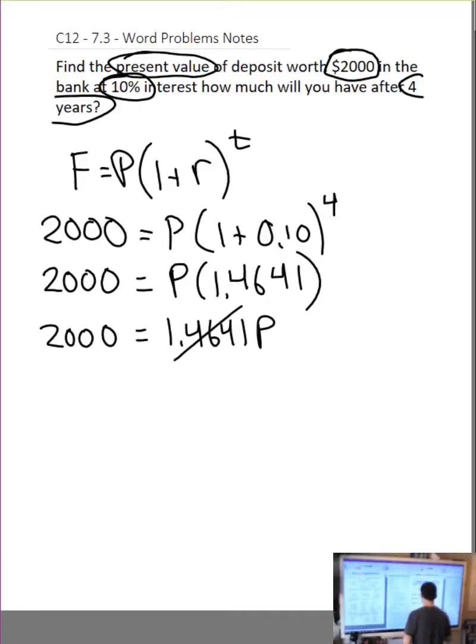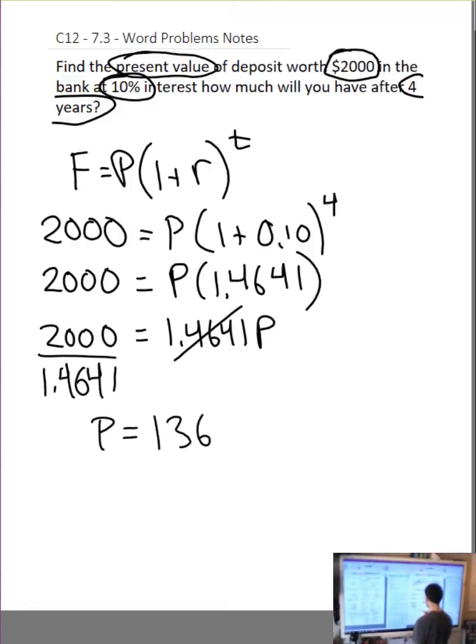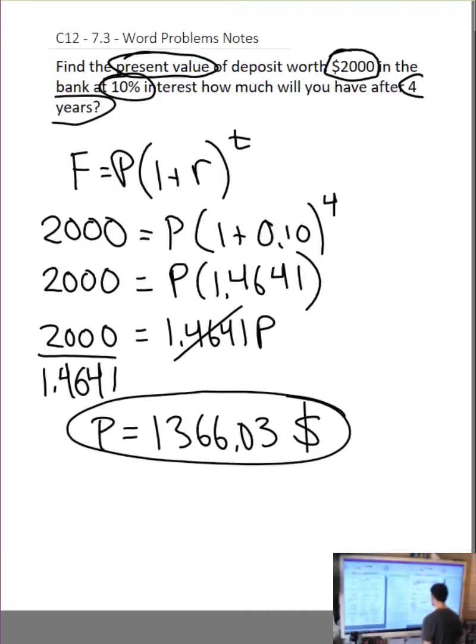Now I'm simply going to divide both sides by that number. And if I mirror the equation, p is equal to 1366.03. Back to keeping decimals when we're working with money. And a nice little logic check, at 10% for 4 years, 1,300 will grow to about 2,000.